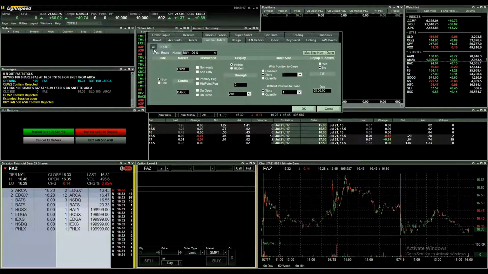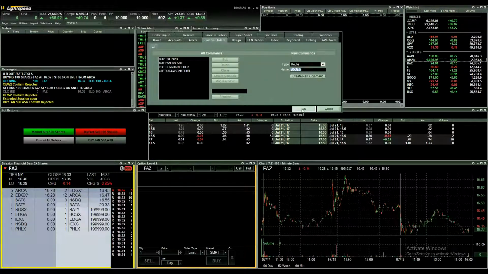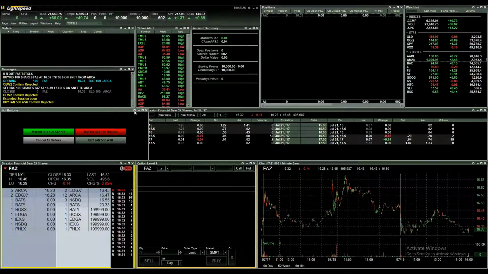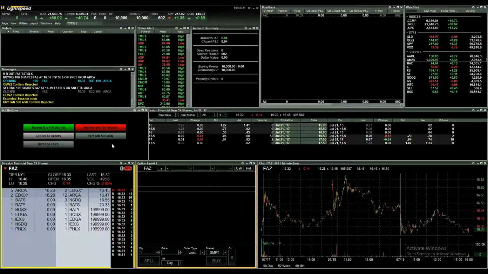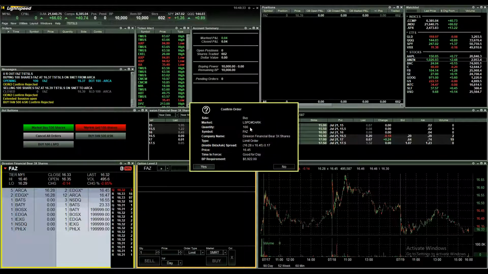Buy 100 LSPD. And you can set this as a hotkey, a hot button, or use it from your order entry. So I hit my buy 100 LSPD. We can go there, and certainly it'll give you a chance for price improvement if possible, but it's going to then be aggressive and hit this dark route before it then routes it to other destinations as well.